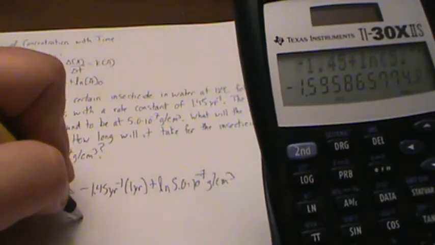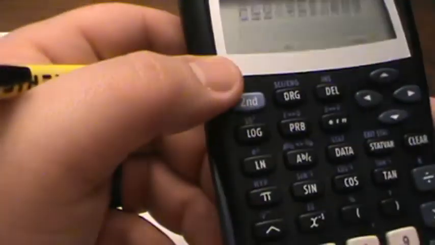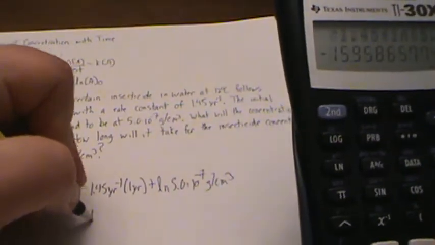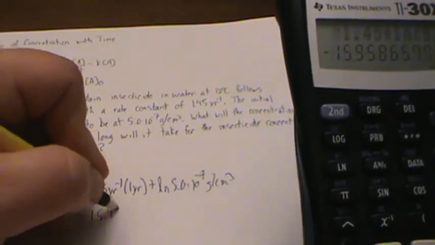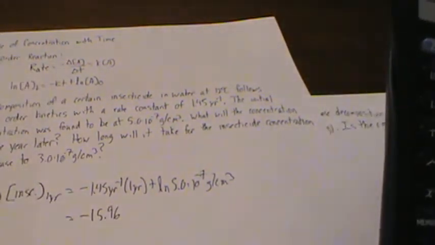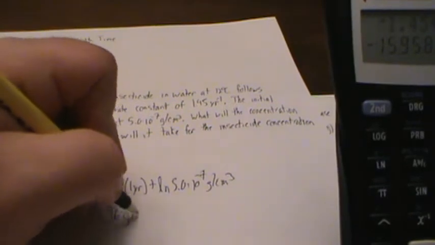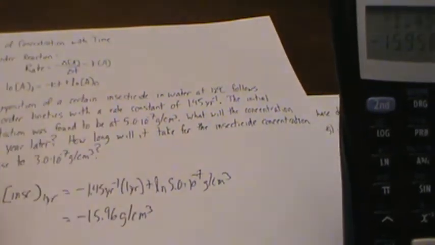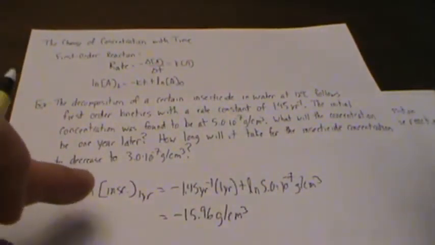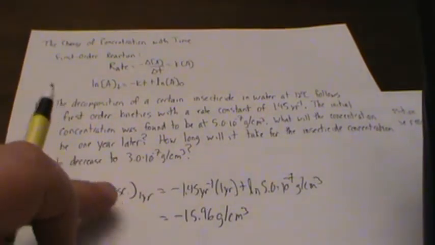So that's coming out to be negative 15.96. Now, we're trying to find the concentration after 1 year, and it's the natural log.